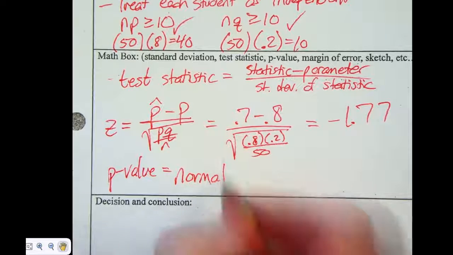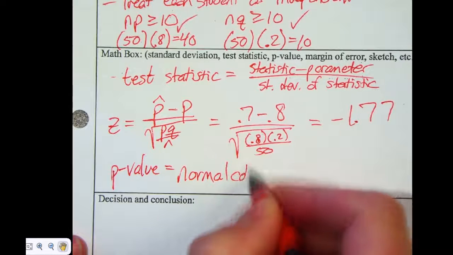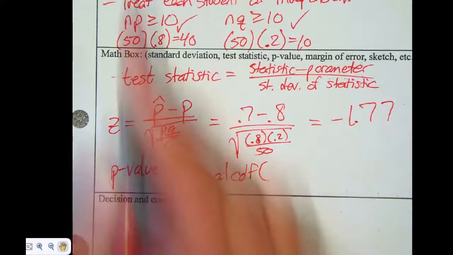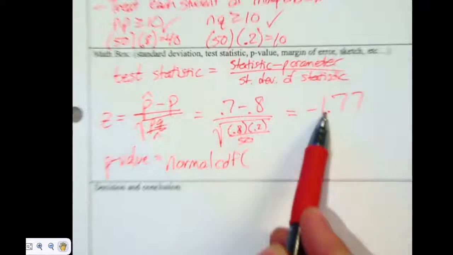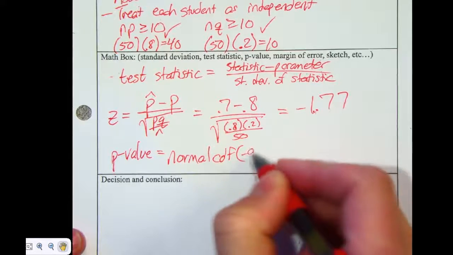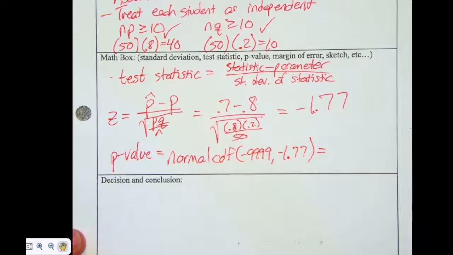It's called normal CDF. So when you are in proportions, Z's and normal all go together. So this would be normal CDF. It was a less than test, so that means this is the high end, the bigger number. So negative 999. And one nice thing here is you don't need the degrees of freedom.